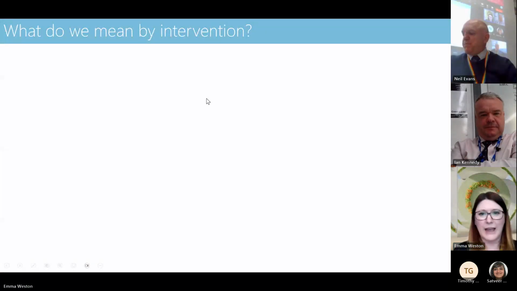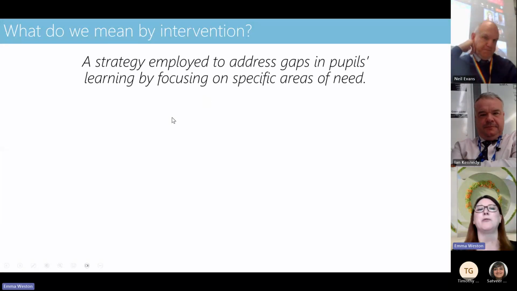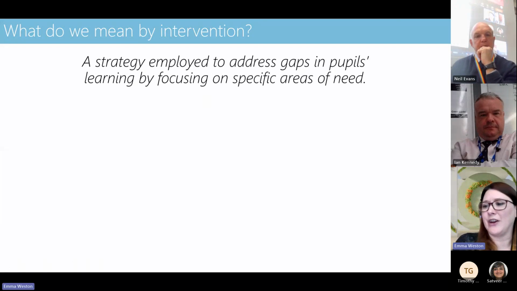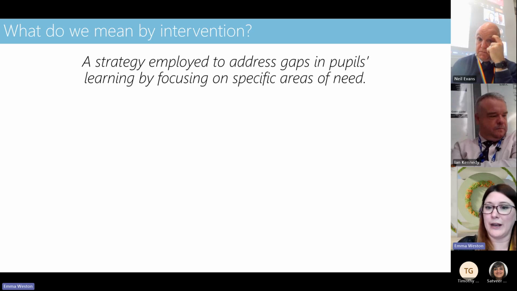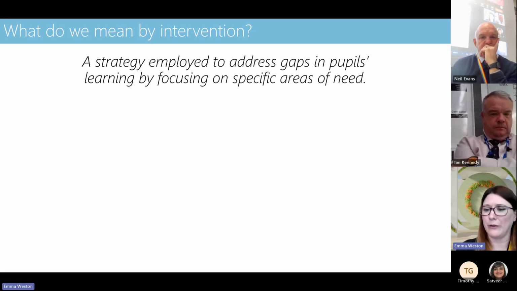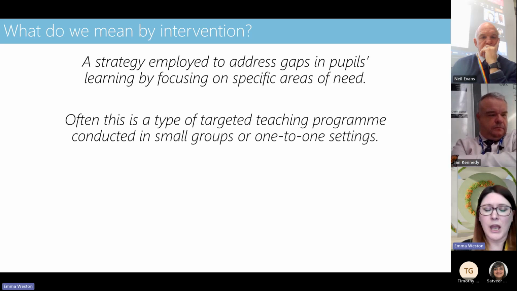So when we're talking about intervention, and I think we sort of summarised some of this before, by intervention, I mean any strategy employed to address gaps in pupils' learning by focusing on specific areas of need. So someone had mentioned about those holes in learning. Often this is a type of targeted teaching programme conducted in small groups or one-to-one sessions.